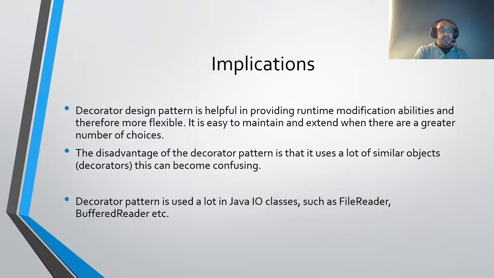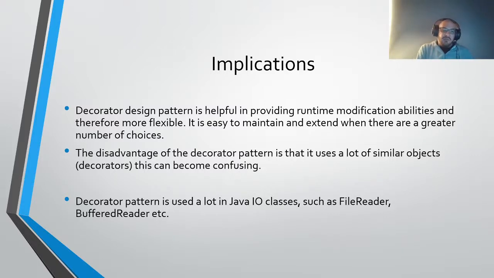Now, some implications. The decorator pattern is very, very helpful when you want to do runtime modification of abilities of some objects. Of course, that makes your coding a lot more flexible and a lot more robust, because if you need to add more behaviors or more functions, you just add the new decorator classes. That's perfectly doable.